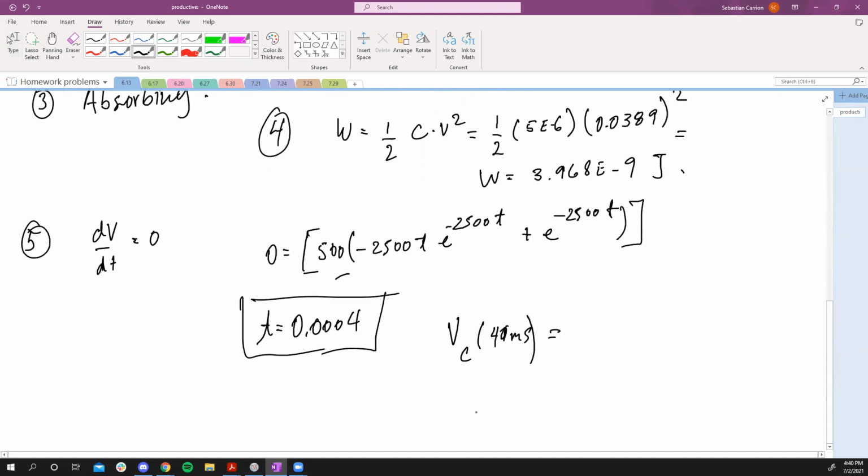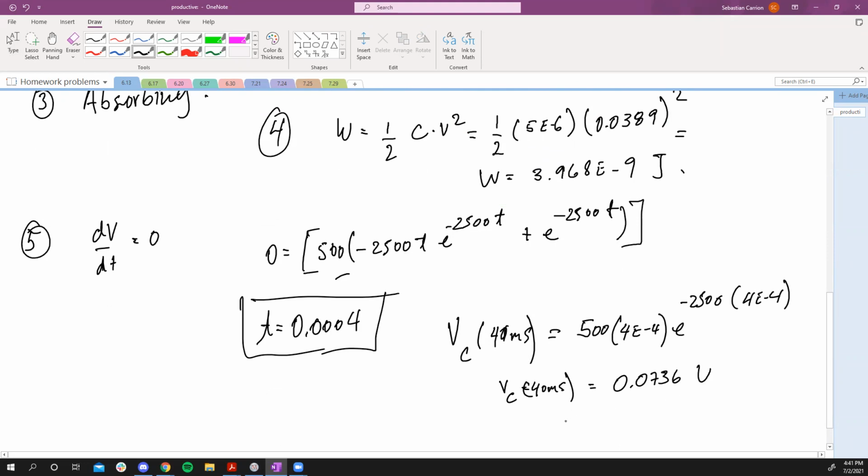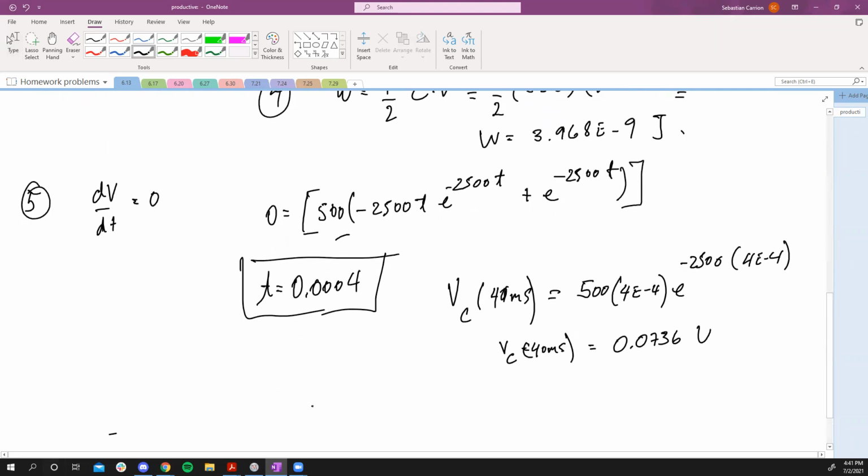So we have 500 for 40 milliseconds, which gives negative 4 e to the negative 2500 times e to the negative 4. That's going to give us 0.0736 volts.